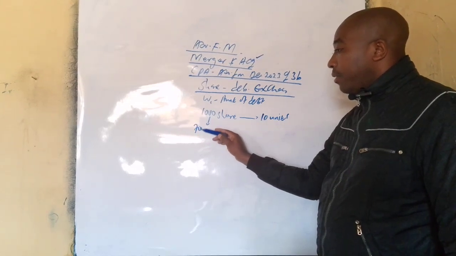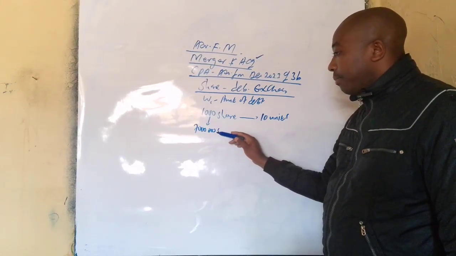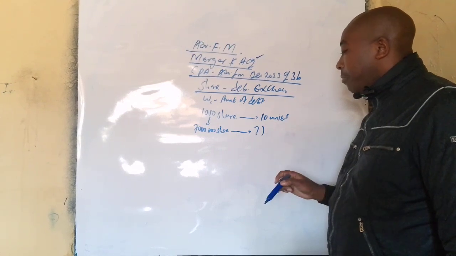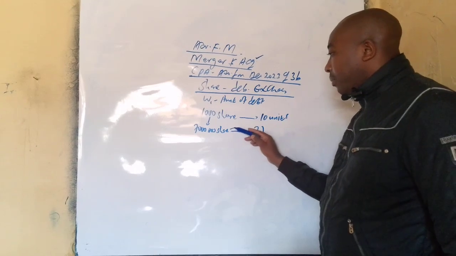They are having 7 million shares. So how many debentures are we going to offer to these shareholders? We cross multiply like that. Then we divide by 1,000. That translates to around, is it 70,000 or 700,000? Which is which?